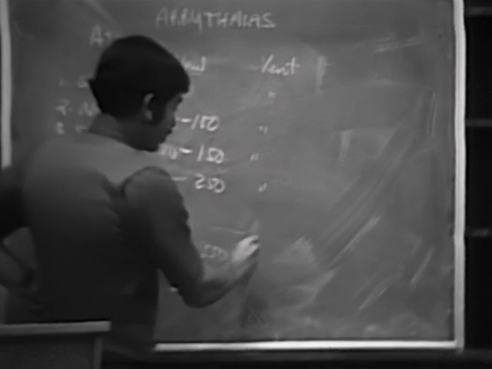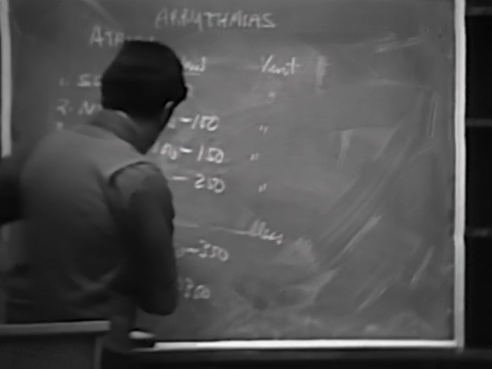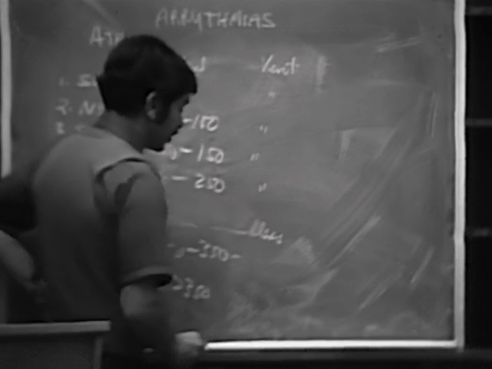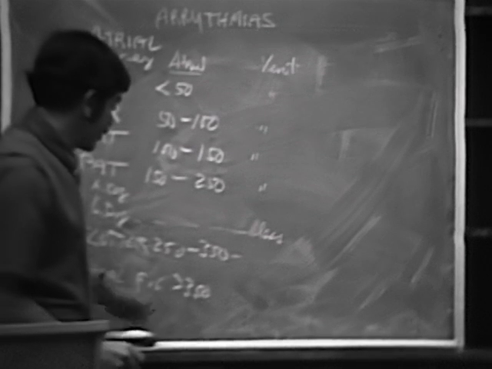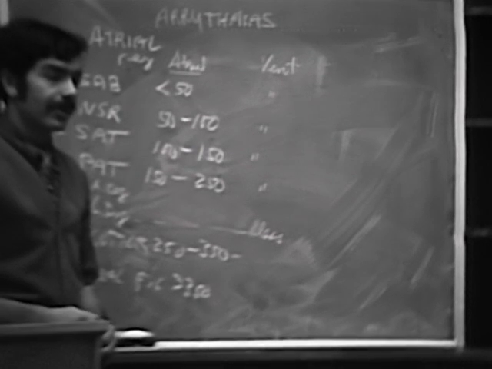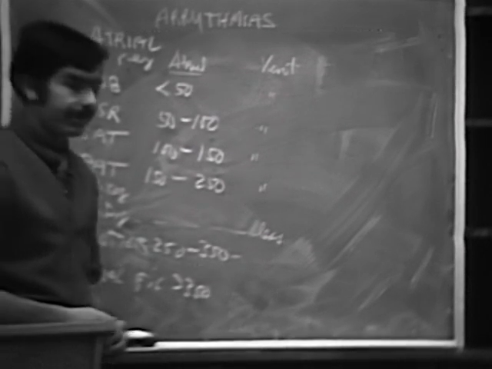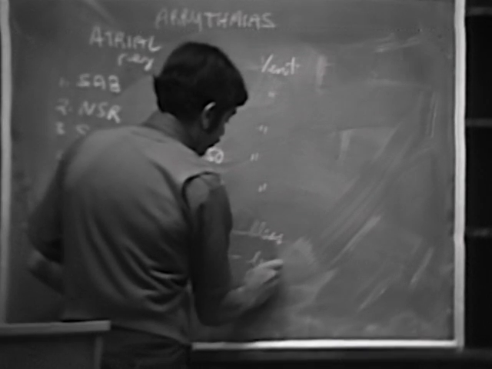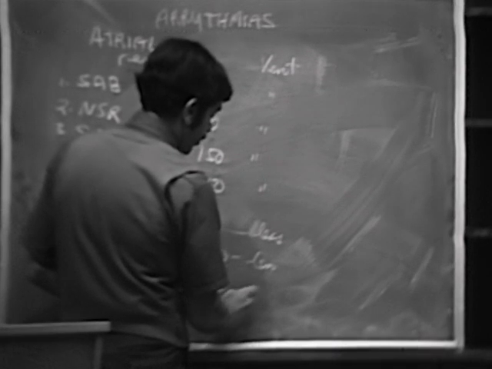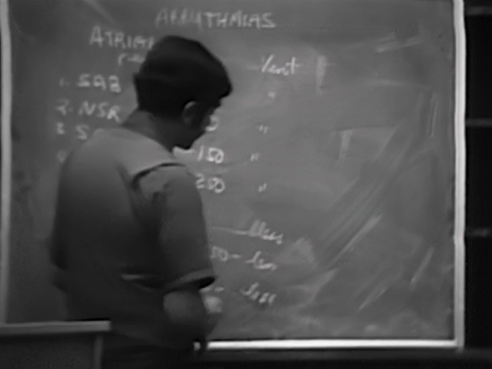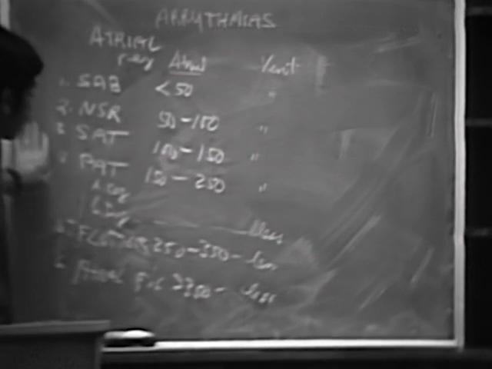So the ventricular rate is less here. Here the ventricular rate is almost always less. I mean, it'd be hard to imagine somebody going along with a ventricular rate of 300, wouldn't it? So here it's always less, and of course here with fibrillation it has to be less. Okay?